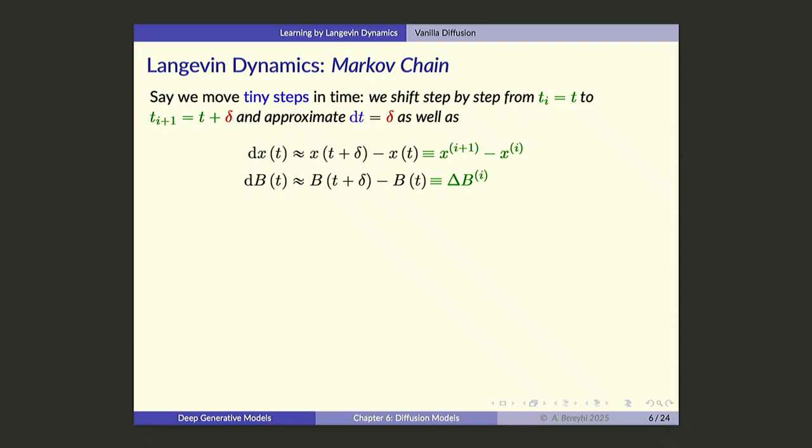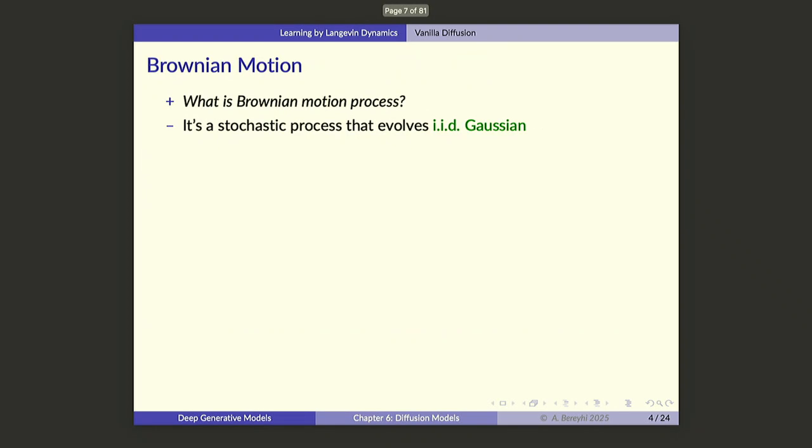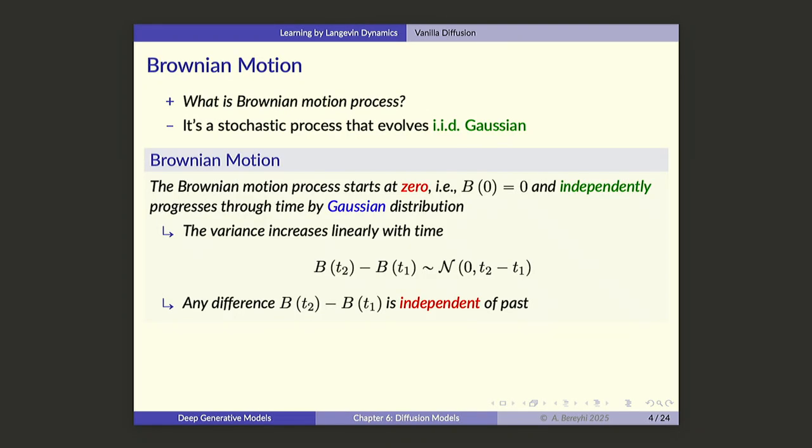The difference of 2 different time instances of a Brownian motion. The normal distribution with the variance, which is the difference. Yes, exactly. So look at this Brownian motion again. When you have 2 different time instances, the difference is Gaussian with mean 0 and variance equal to the time difference, right?